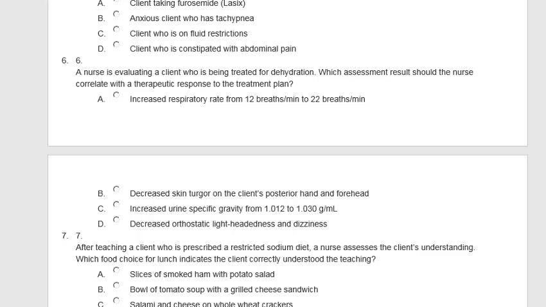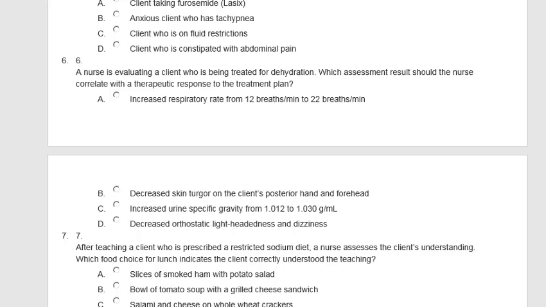So, first of all, let's look at respiratory rate. Remember what I said about respiratory rate in dehydrated patients. Their respiratory rate goes up when they're dehydrated. So if you're treating somebody for dehydration, you would expect their respiratory rate to be coming down. So A, incorrect. B, decreased skin turgor. Now, if you have somebody who is recovering from dehydration, their skin turgor should be improving.